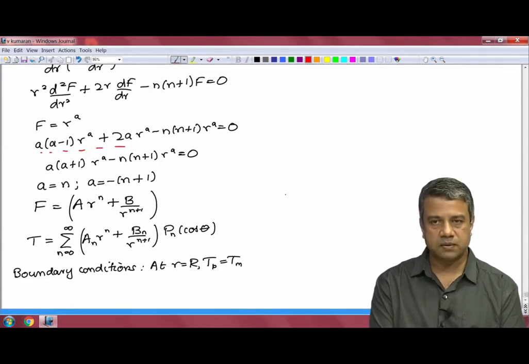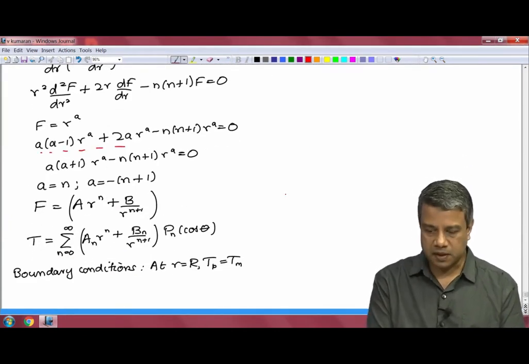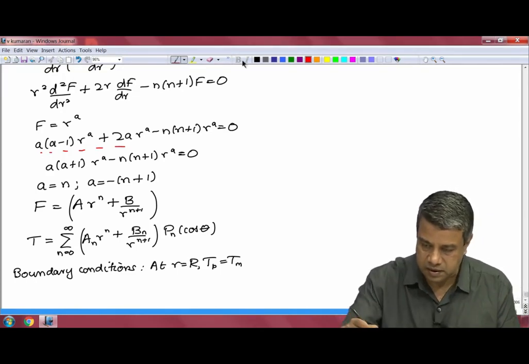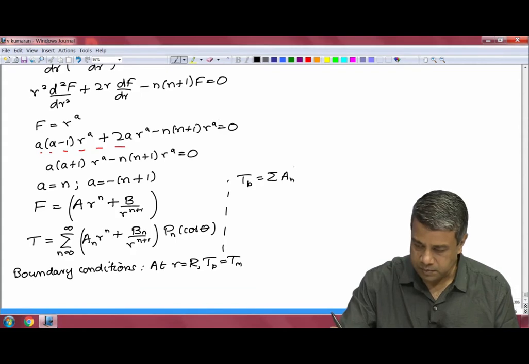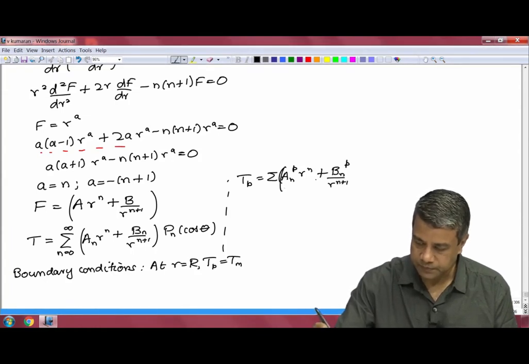Therefore, the solutions that we had obtained apply for both the particles and the matrix. So, if I write the temperature separately for the particle and the matrix, I will get Tp is equal to sigma a_n^p r power n plus b_n^p by r power n plus 1, P_n of cos theta.